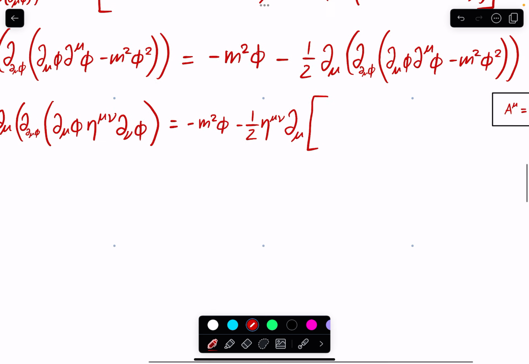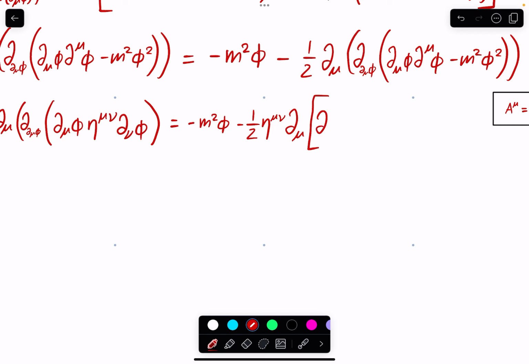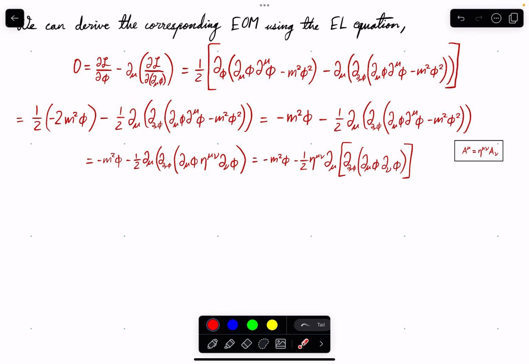Now I'm going to start using square brackets with respect to this of partial mu phi or partial nu phi. So we have successfully turned this into a lowercase derivative.